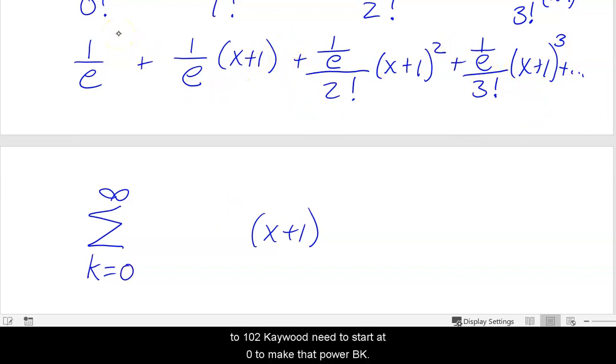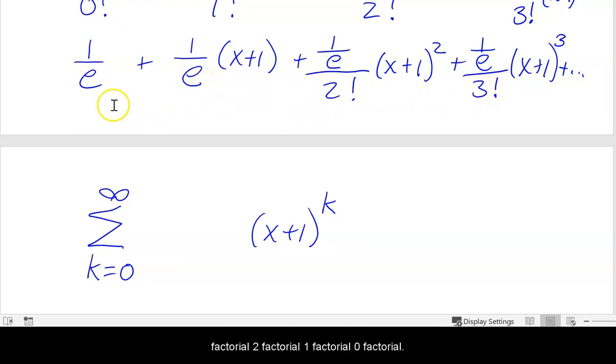So k would need to start at 0 to make that power be k. If that's a k, then I'm also going to be dividing by 3 factorial, 2 factorial, 1 factorial, 0 factorial. So I will also have this divided by k factorial.